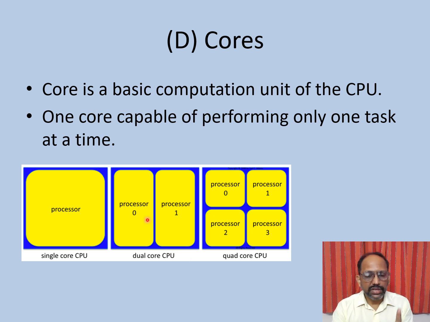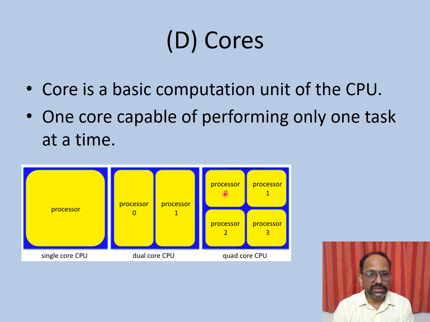So each processor can execute billions of instructions in milliseconds. Suppose it is a quad core, meaning 4 cores in a single CPU, a single CPU with 4 processors.